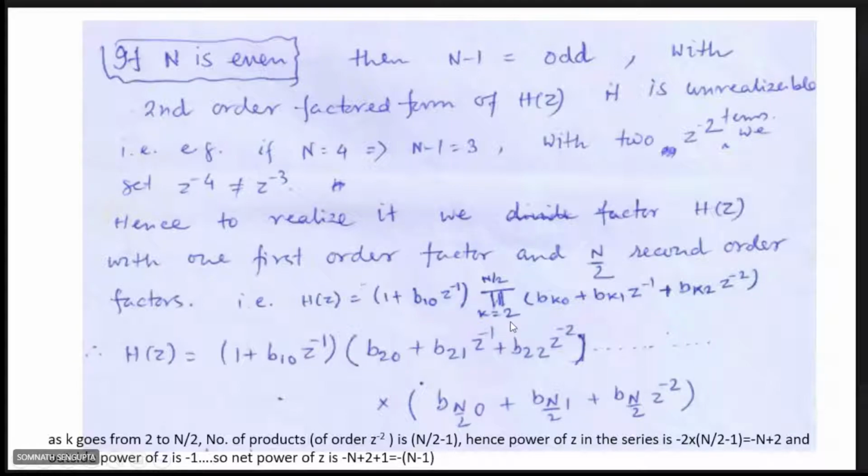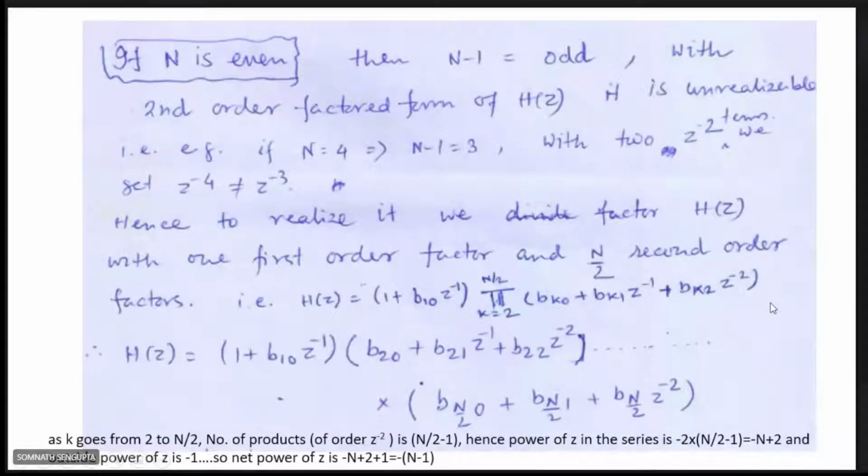So that means n by 2 minus 1 terms will be there. Then z to the power minus 2 goes this many times: minus 2 into (n by 2 minus 1). That means it is minus n plus 2 in the product terms.